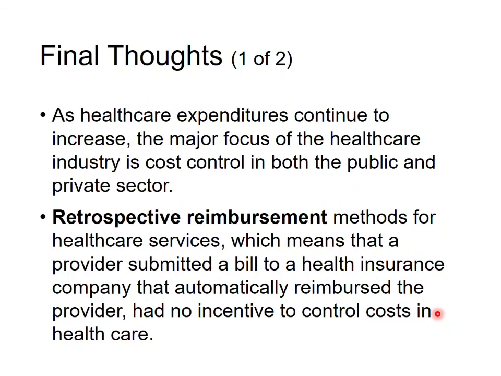So, final thoughts here. We discussed a lot about the different types of health insurance and how that was provided. We talked about healthcare expenditure and healthcare reimbursement. It's not only the expenses that are incurred through individuals taking the service; we also need to have mechanisms to pay the healthcare providers.